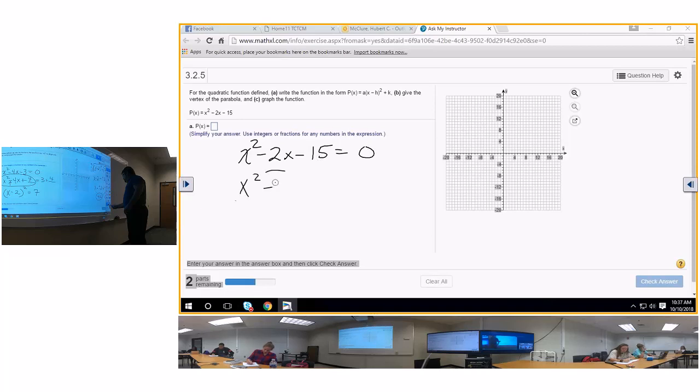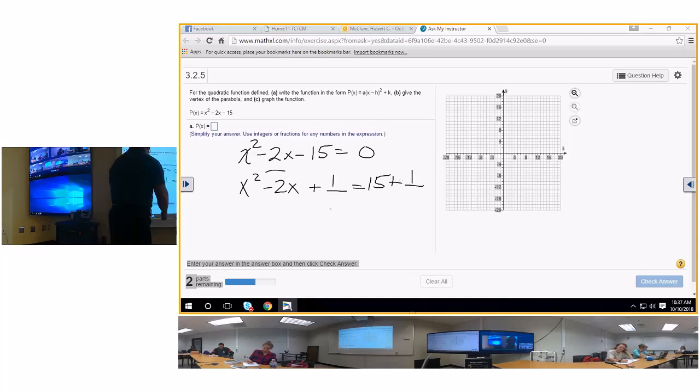Move C. And half of 2 is 1. And 1 squared is 1. So you're going to add 1 on both sides. X minus 1, quantity squared, is equal to 16. And go from there.